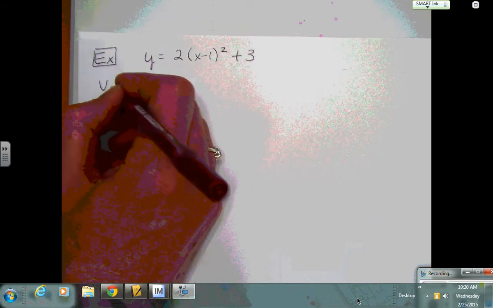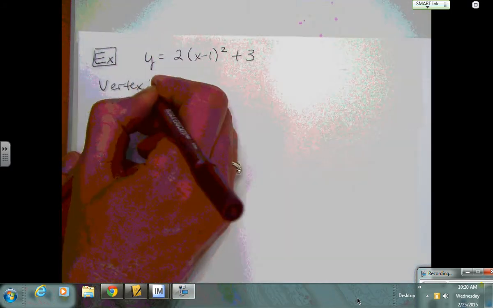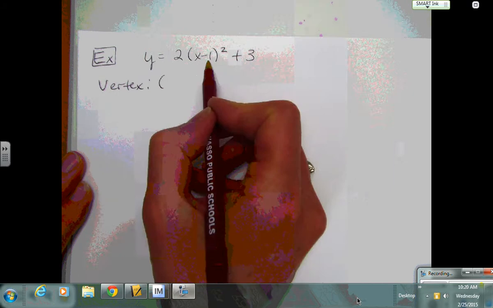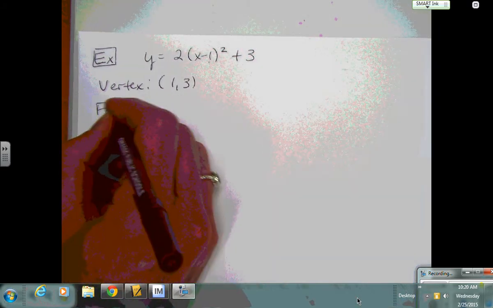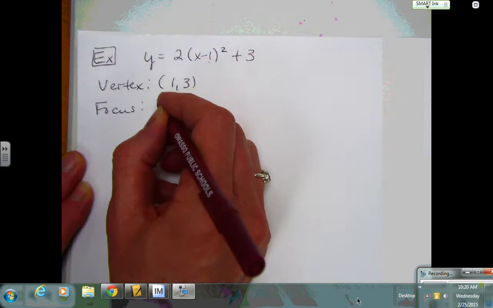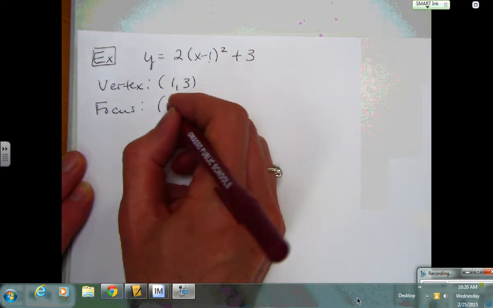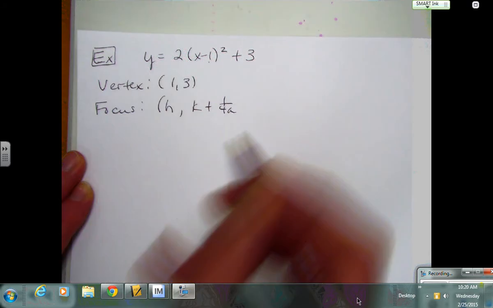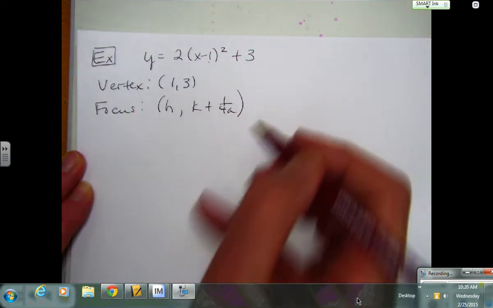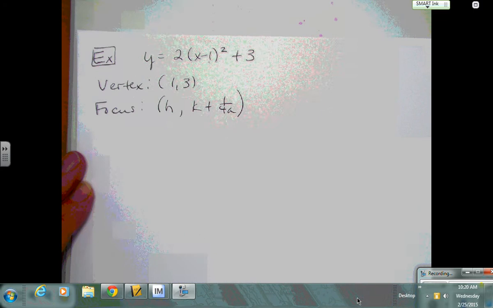So the vertex coordinates, h, k, are going to be 1, 3. The focus coordinates for a vertical parabola are h and then k plus 1 over 4a, whatever that works out to be. So I need to figure out what 1 over 4a is.